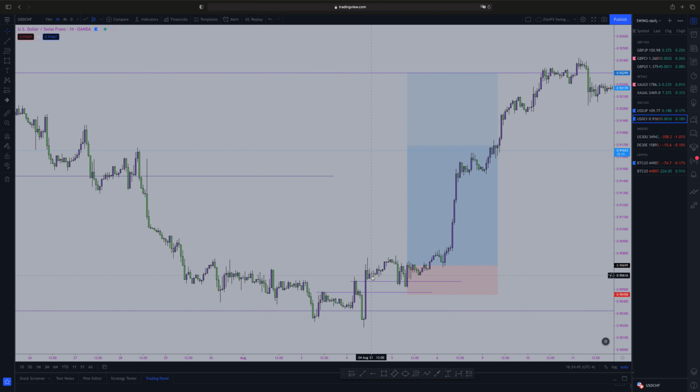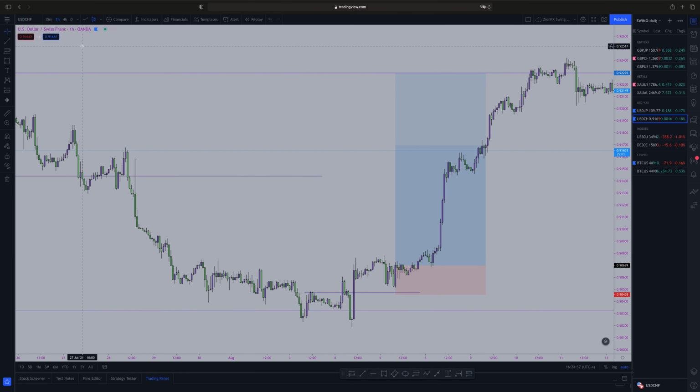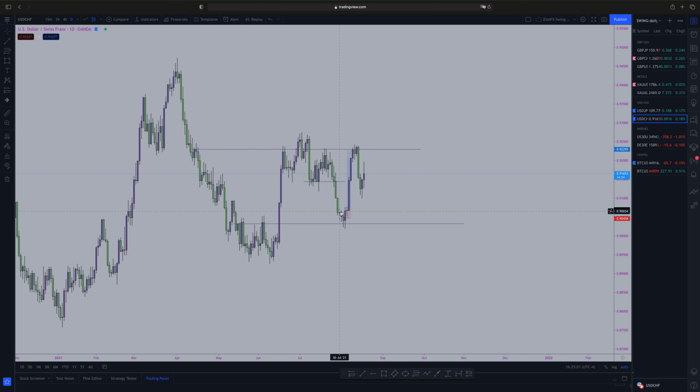And as you can see, when this 1 hour structure broke, if you go to your daily time frame, you should see a daily bullish engulfing. Boom. Daily bullish engulfing. And as long as this daily time frame maintains these bullish candles, that means that the 1 hour is maintaining its upturn.